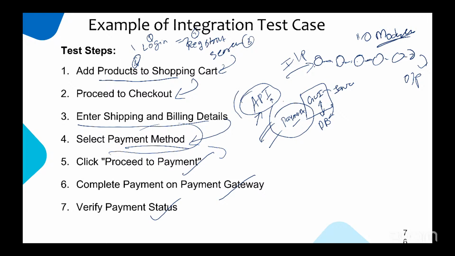When there are this many API interfaces and you want to make this end-to-end scenario, you have to integrate all these pieces into a single thing. That's where on day one we saw the architecture diagram. Individually we tested. DB testing is another team, the DB guys. There are multiple development teams and a testing team.